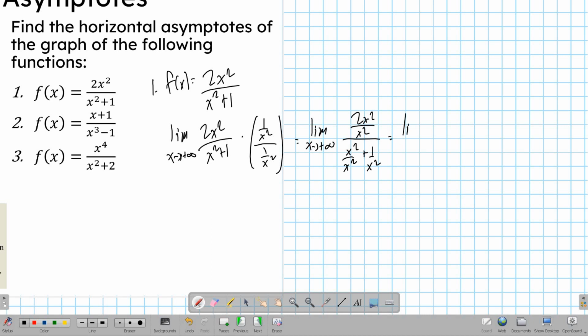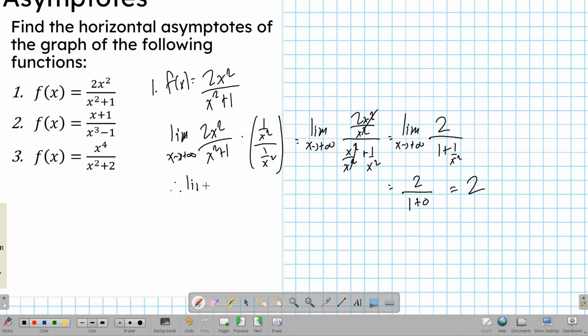Simplifying, we get the limit of 2 over 1 plus 1 over x squared, as x approaches positive infinity. Applying the limits, we get 2 over 1 plus 0, which would add up to 2.